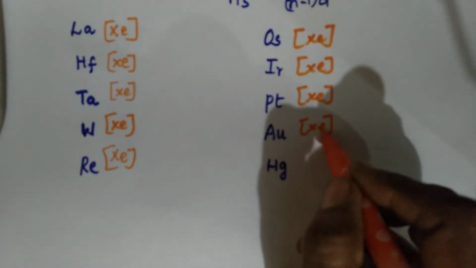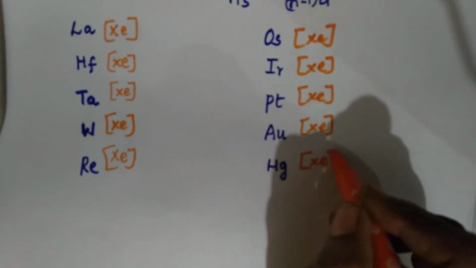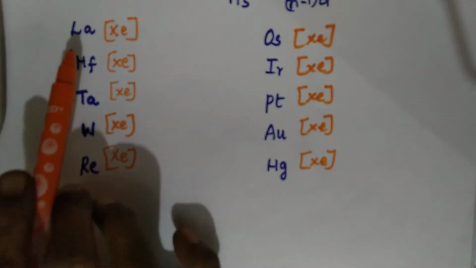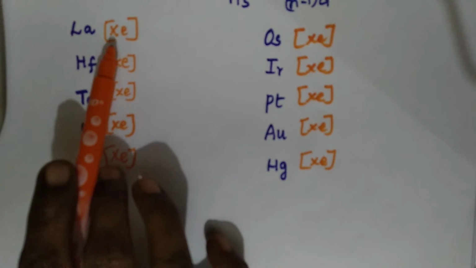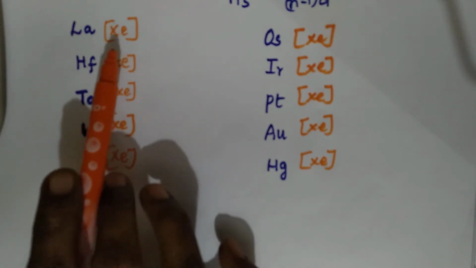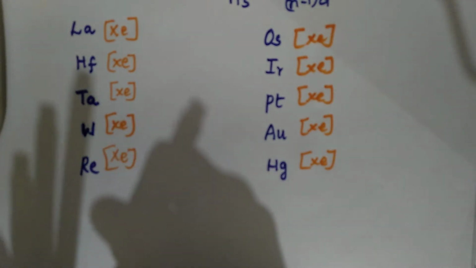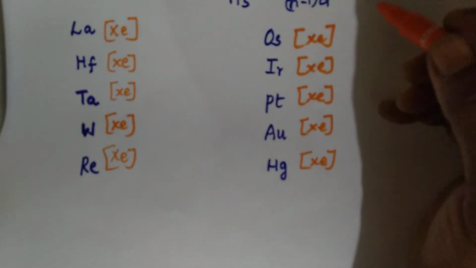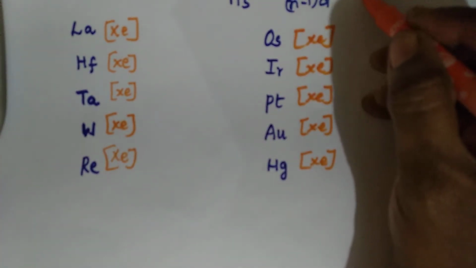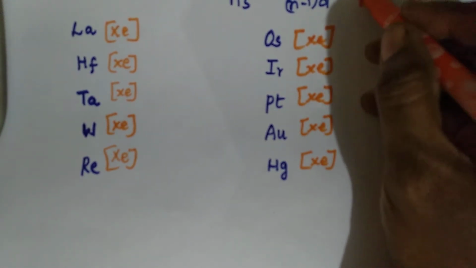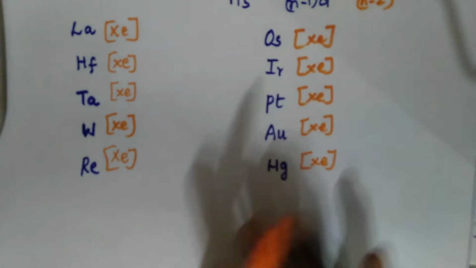But remember, after lanthanum comes the 4F elements, which are also included. After lanthanum, 14 elements are for the 4F block elements. So remember that you can write it down as (n minus 2) f 1 to 14. Why am I writing that?